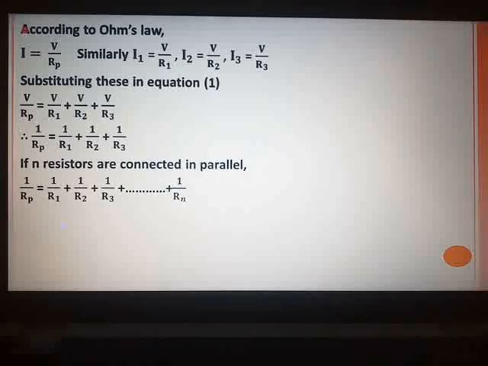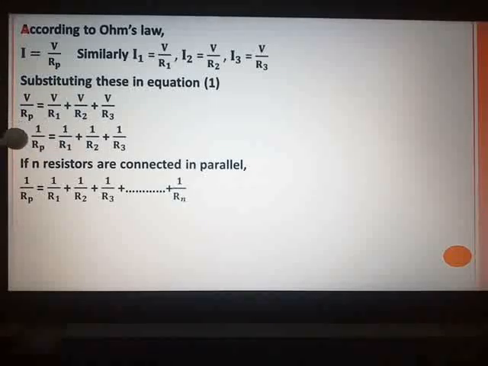Now if you have to study the characteristics of the parallel combination, it is very simple. Looking at the derivation you will come to know. First, the inverse of the effective resistance, that is 1 upon Rp, is equal to the sum of the inverse of the individual resistances. It is not R1 plus R2, it is the inverse, 1 upon.